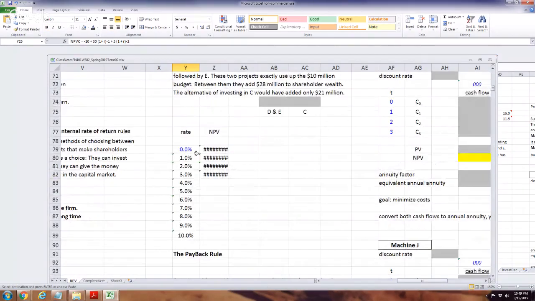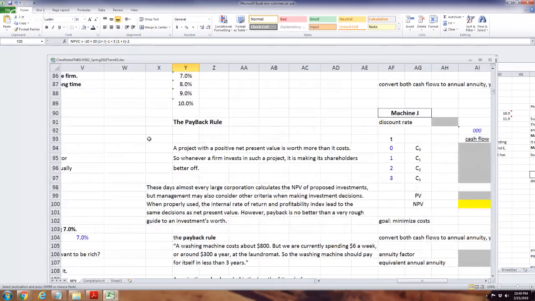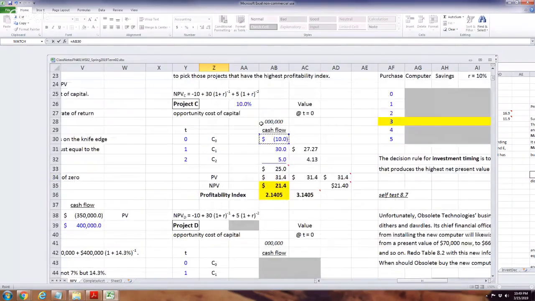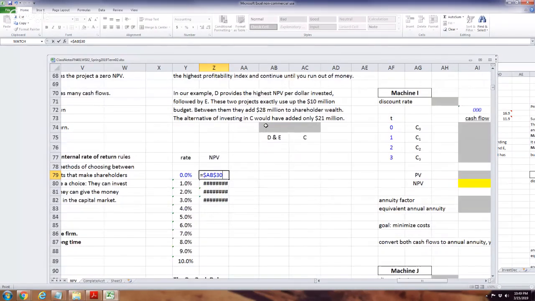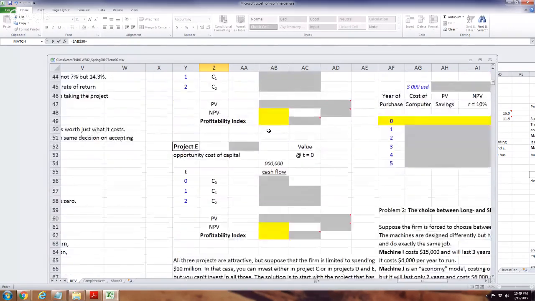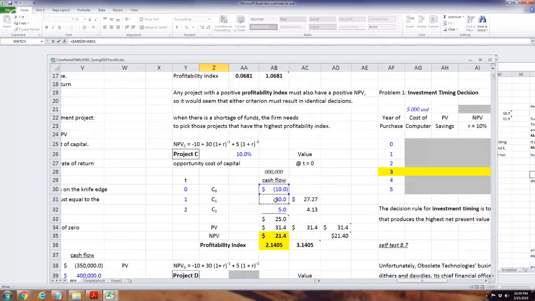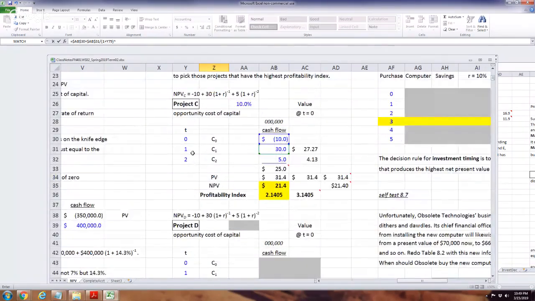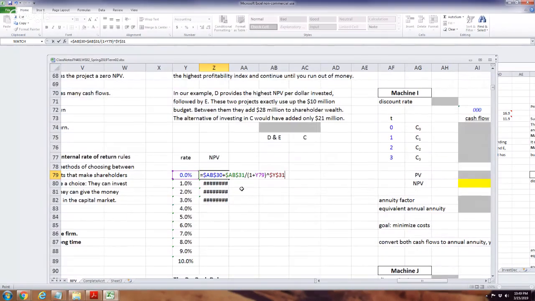Just going to copy this. I'm just going to put it down here, but I'm going to get rid of that because it's not helping us there. So equals, anchor that, plus 30, anchor that, divided by parenthesis 1 plus the R exponent to the first, anchor that.